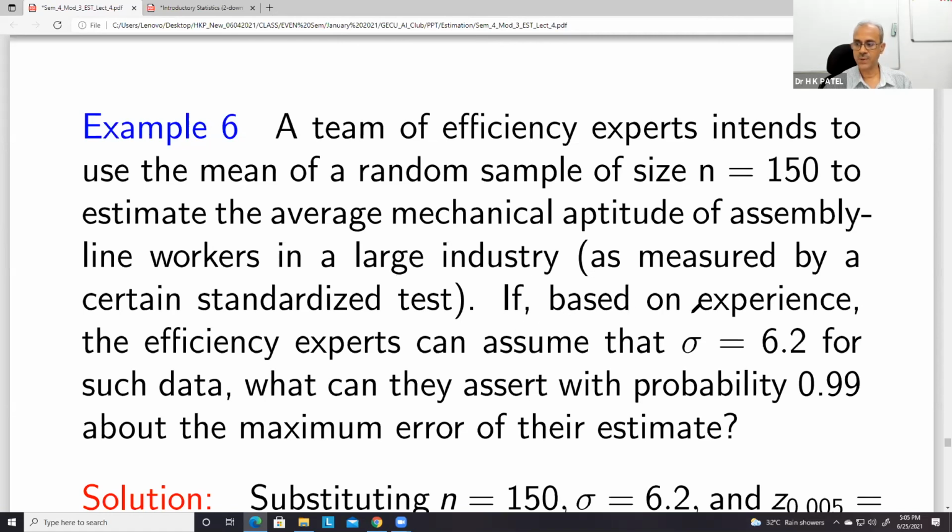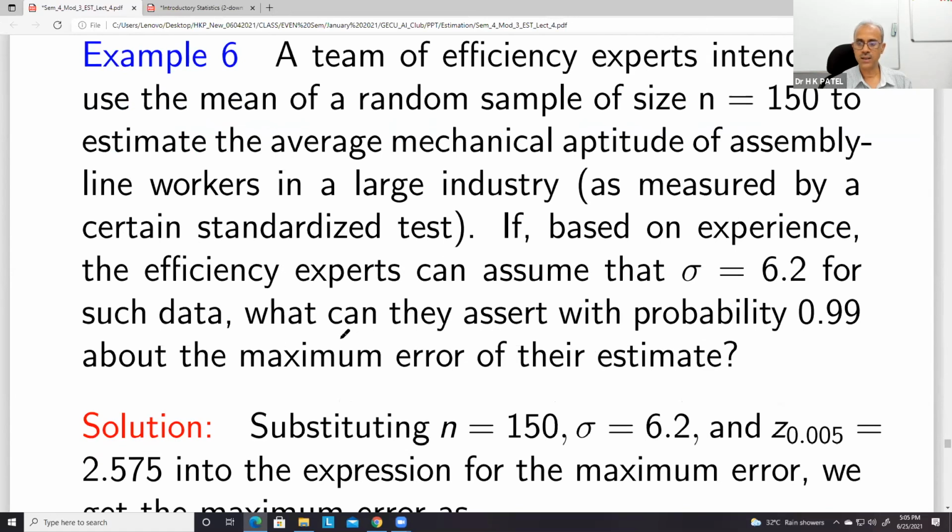If, based on experience, the efficiency experts can assume that sigma is 6.2 for such data, what can they assert with probability 0.99 about the maximum error of their estimate?